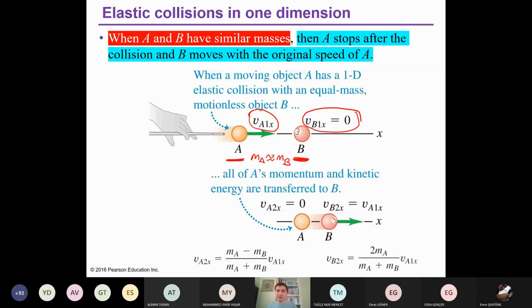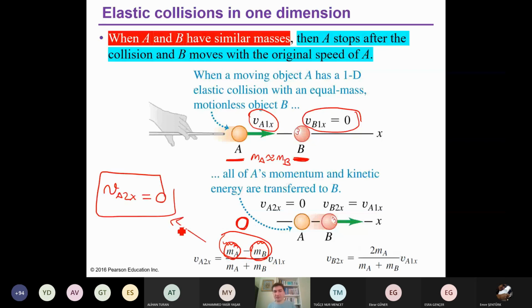Then what about the velocities after the collision? Here we have MA minus MB. Since MA is more or less equal to MB, this will be 0.